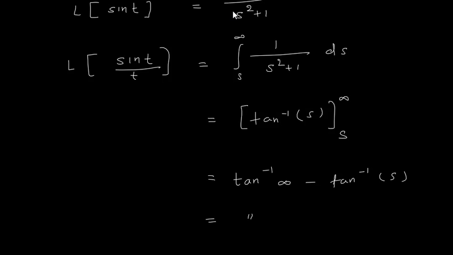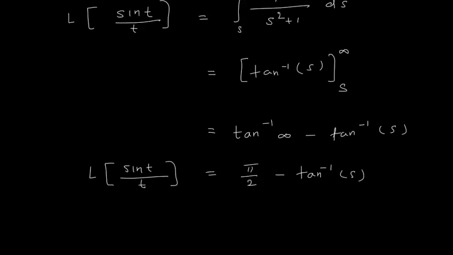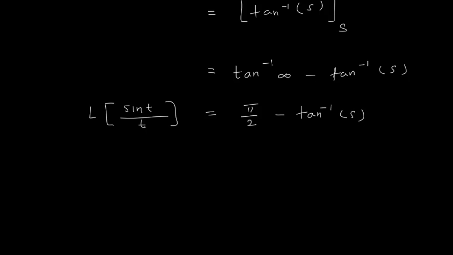Tan inverse infinity is pi by 2, so it is pi by 2 minus tan inverse s. This is Laplace of sin t upon t. So Laplace of sin t upon t is pi by 2 minus tan inverse s, and pi by 2 minus tan inverse s is cot inverse s.